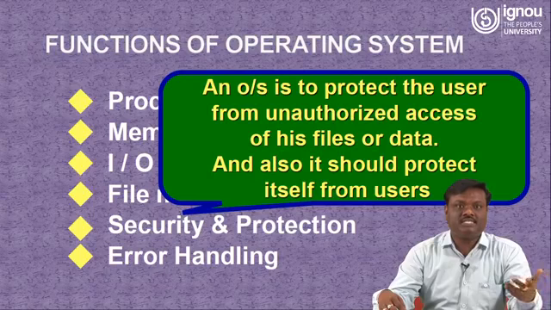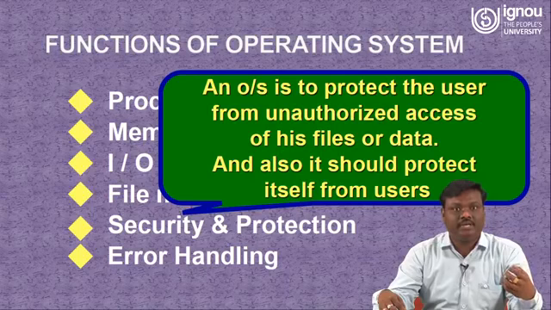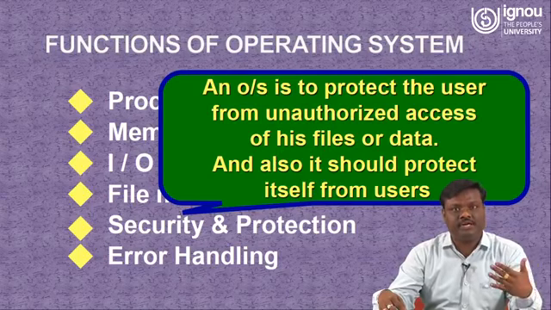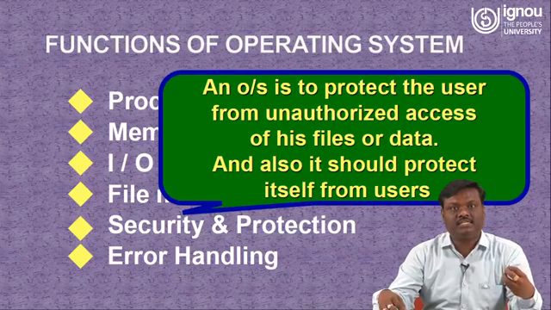Whenever there is a problem with some commands and other things, immediately it should have some recovery procedures, or some messages displayed to the user to say that this is an unauthorized or unauthenticated access.